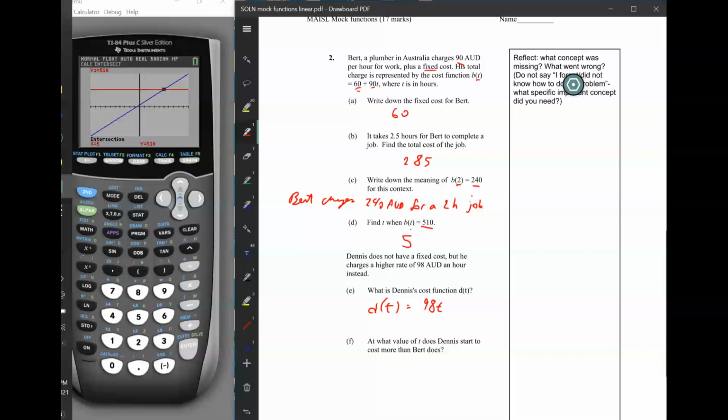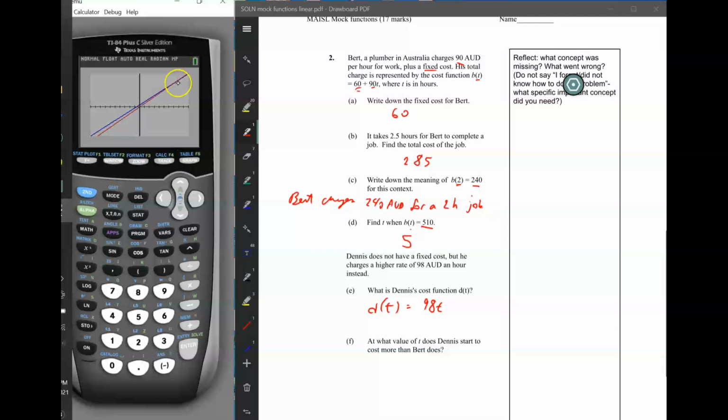Okay, so let's get rid of the second function here, and now let's put Dennis's in, because the next question is, at what value of t does Dennis start to cost more than Bert does? So we're going to put Dennis here also, and then when we graph both lines, what we're going to see is that the price for certain hours of work are different depending on if you're blue Bert and red Dennis.